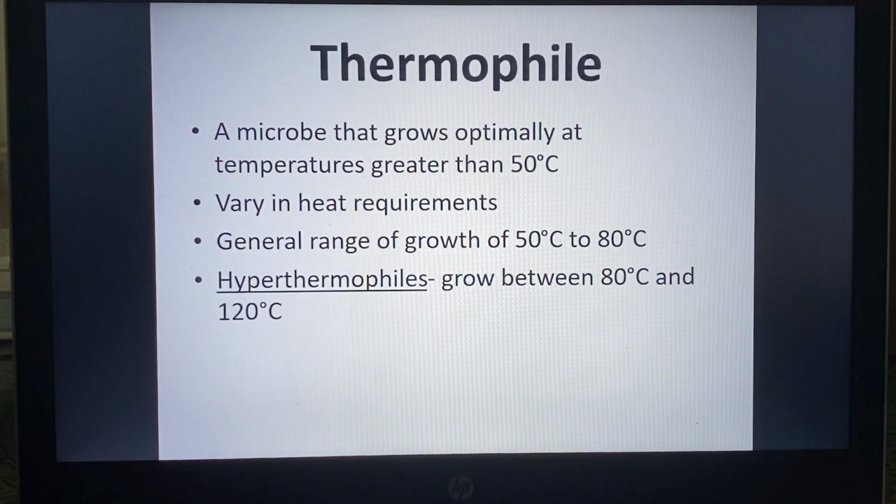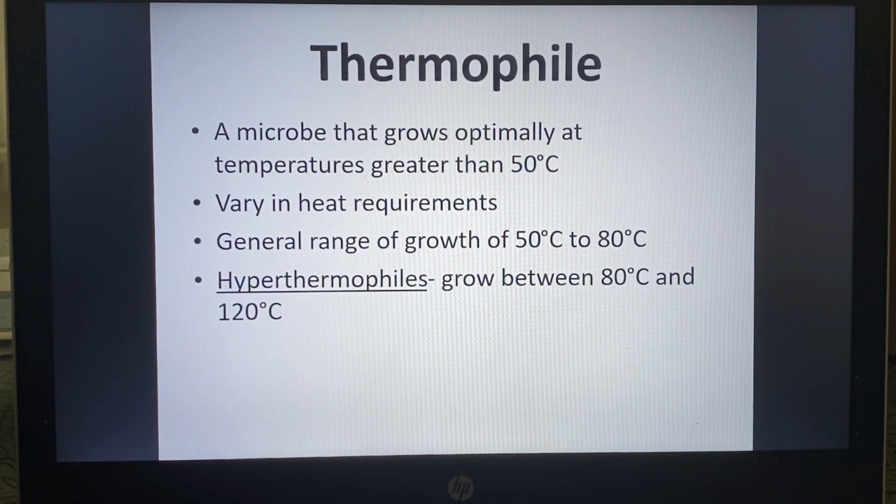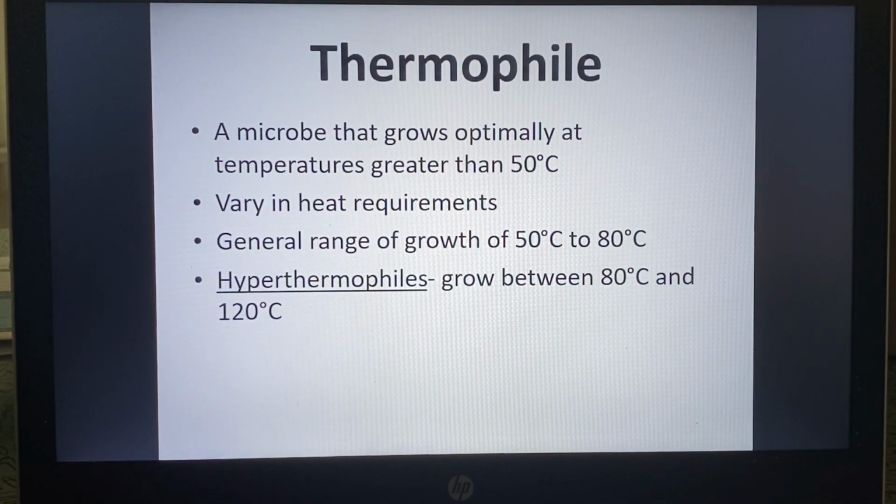And then finally, we have thermophiles. And a thermophile is a bacterium that likes temperatures that are really, really hot. Okay, so a thermophile normally cannot grow below a temperature of 50 degrees Celsius.